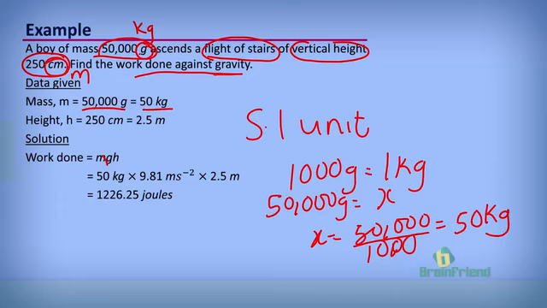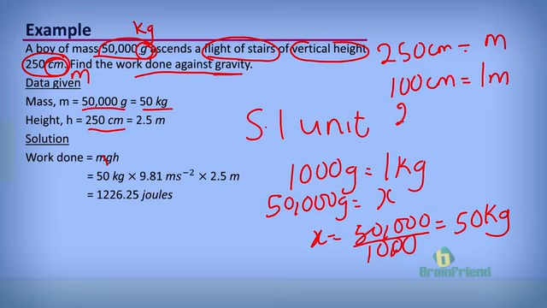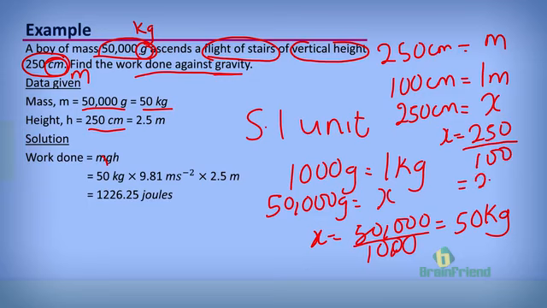Now let's look at the height, which is in centimeters. We have 250 centimeters, and we are converting it to meters. We know that 100 centimeters is equal to 1 meter. Therefore, 250 centimeters will be equal to x. So x is equal to 250 divided by 100, which is equal to 2.5 meters. So we have also succeeded in converting the 250 centimeters to 2.5 meters.